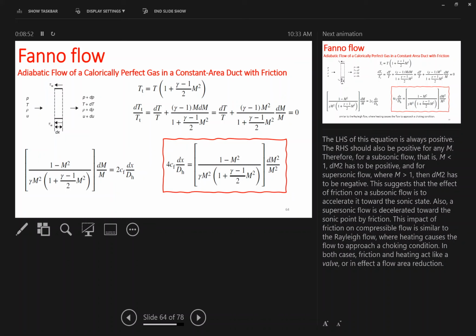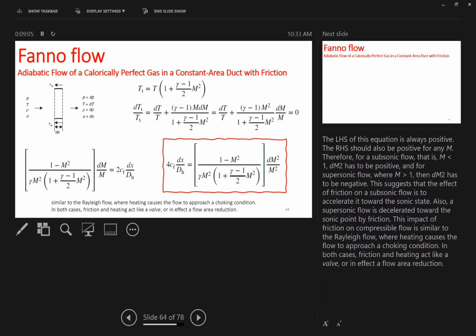So if you go back and check the equation, I'm pretty sure you'll get there. So it is similar to the Rayleigh flow, where heating causes the flow to approach a choking condition. And in both cases, friction and heating essentially act like a valve, or in effect, a flow area reduction.